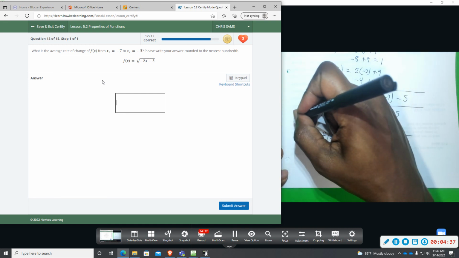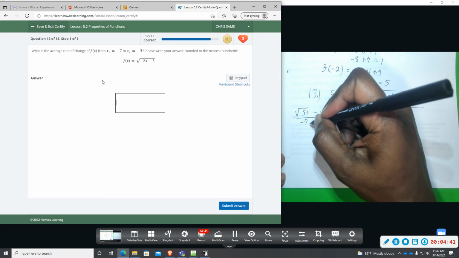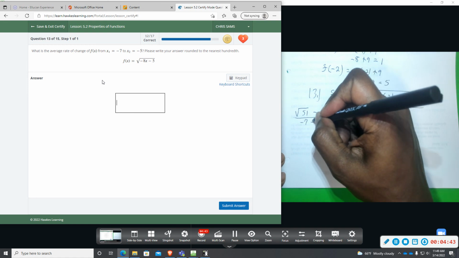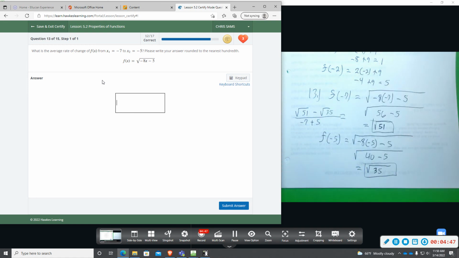And then on the bottom, the two values we use, -7 minus a -5, which just turns into a +5. So I'm going to let the calculator handle this heavy lifting, and we're going to round to the nearest hundredth, which means 2 decimal places.